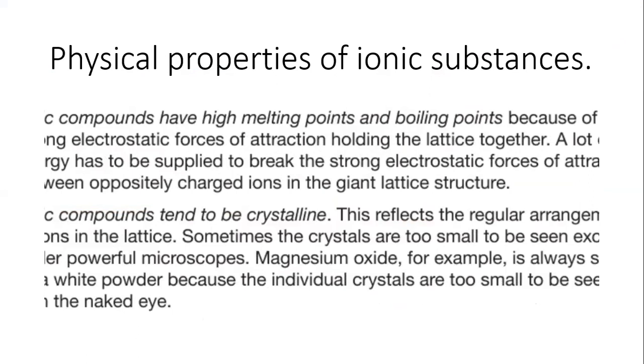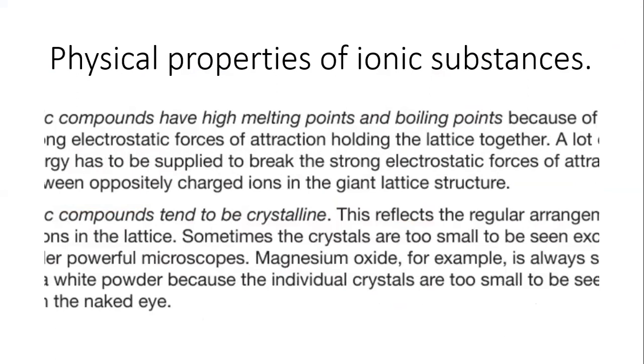first of all, ionic compounds generally have high melting points and high boiling points. Why do they have high melting and boiling points? The reason is because they have ionic bonding. It's because you have a positive and a negative ion bonded to each other.